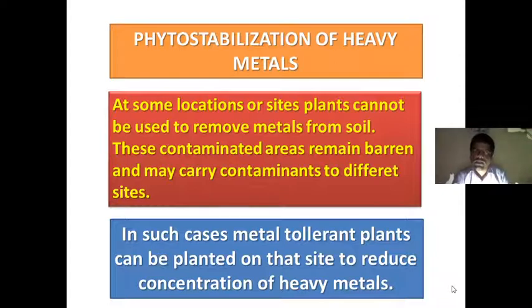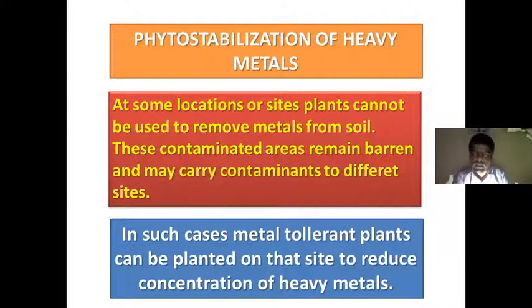So this is the fourth aspect of phytoremediation, where we cannot directly use plants for absorption of metal. In such cases, we can plant huge numbers of different types of large trees on the polluted site.